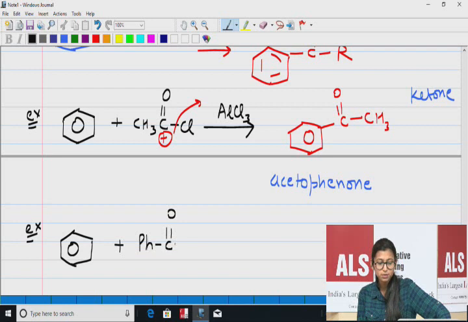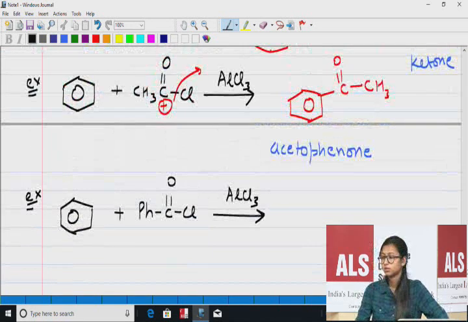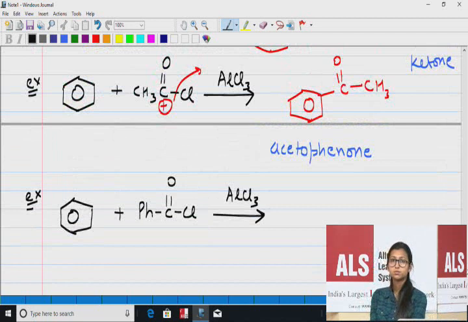You understand what is pH now? It's phenyl. It means you have the benzene ring there. Write down the product for this one.